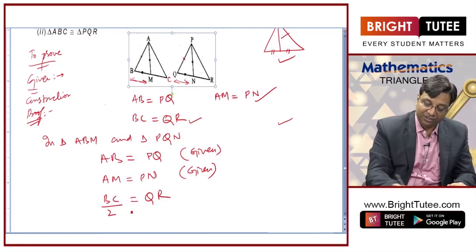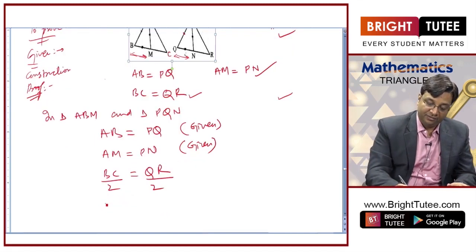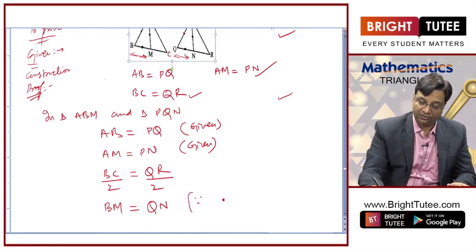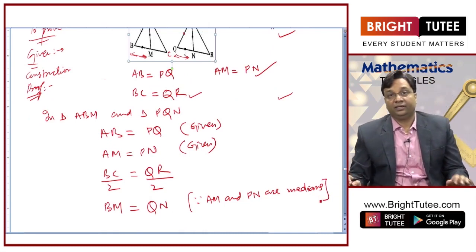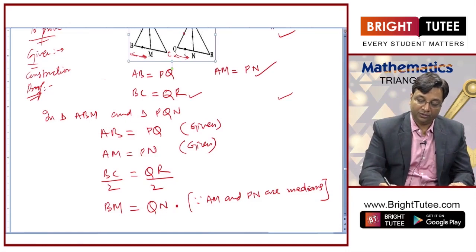So, I can say half of BC will be equal to half of QR, and BM is half of BC and QN is half of QR because AM and PN are medians and divide the opposite sides in two equal parts. So, BM is equal to QN.